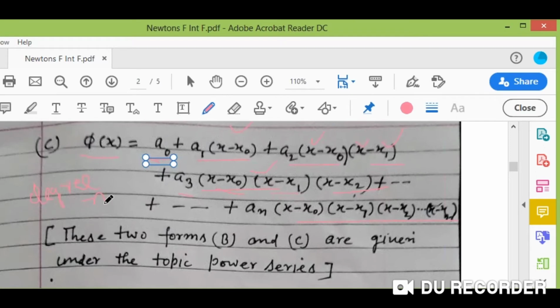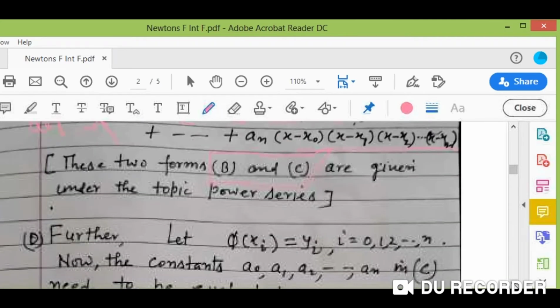So this is another form of polynomial suggested by Newton, and this polynomial has been used in Newton's forward interpolation formula.